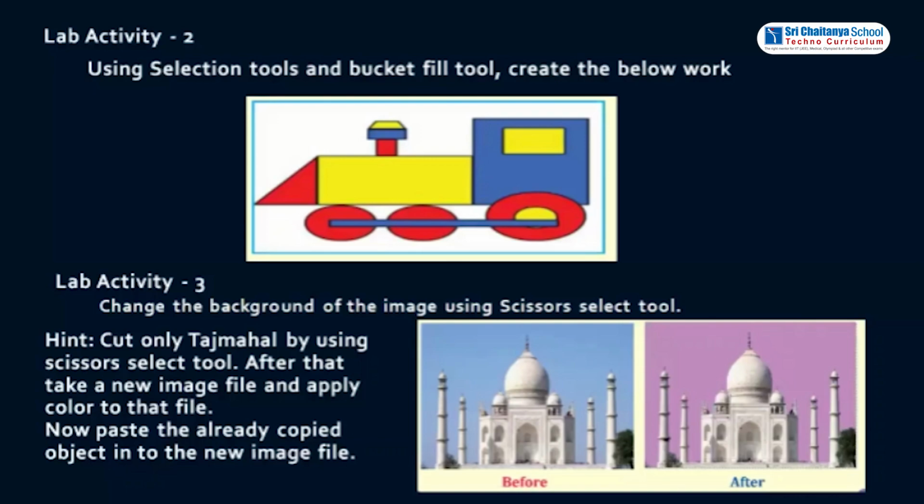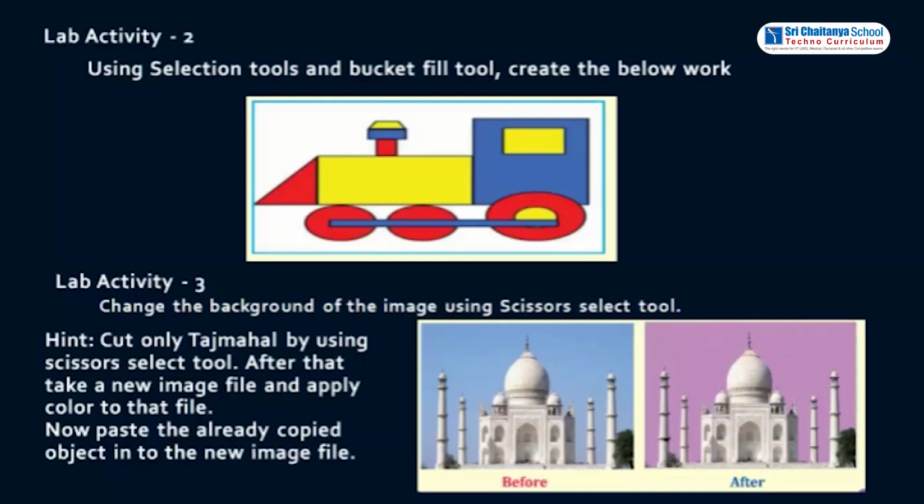Moving on to the next lab activity 3. So children, we have already seen one of the major uses of your GIMP is to work on images, or image manipulation. The lab activity 3 is based on one such idea only.